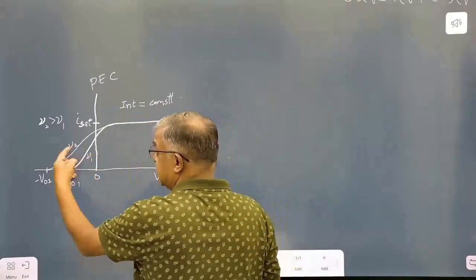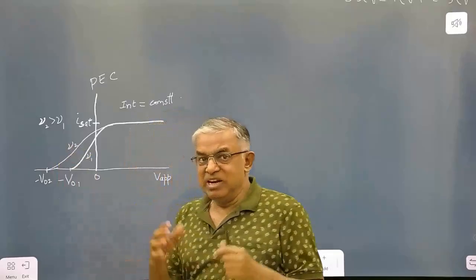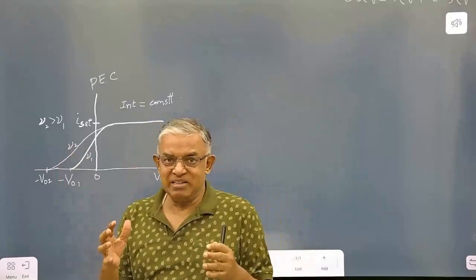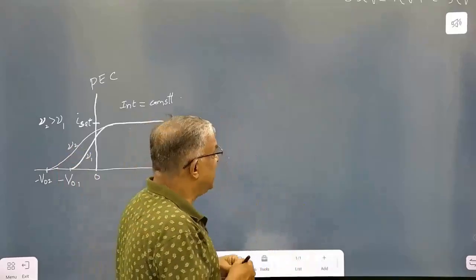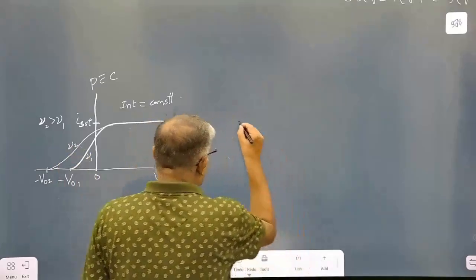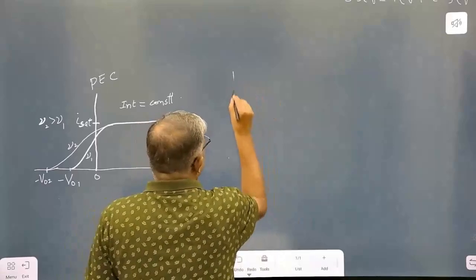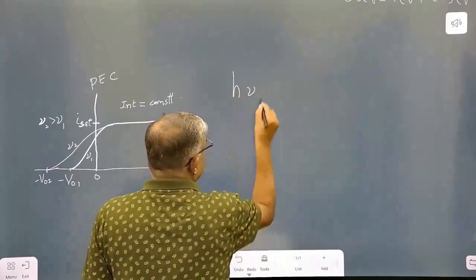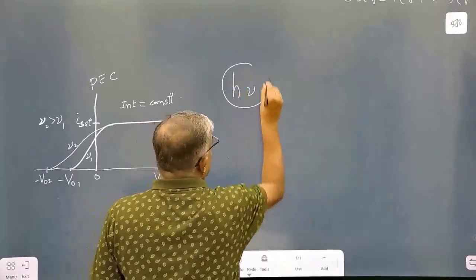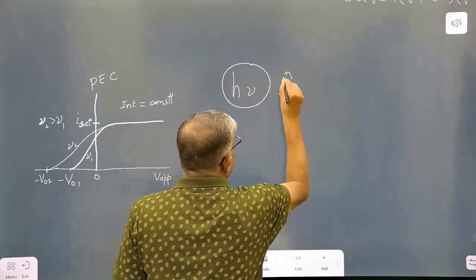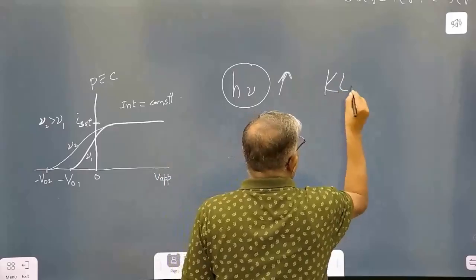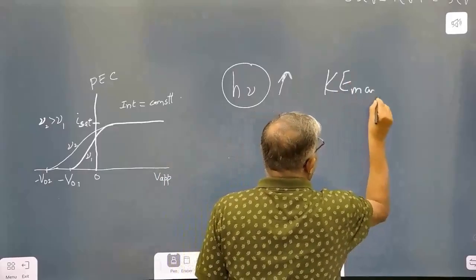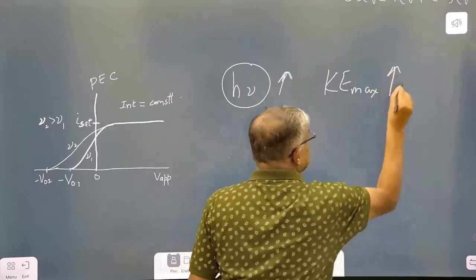increasing the frequency, according to Einstein, means increasing the energy packet. And energy packet is h nu. If you are increasing it, that means the kinetic energy of the maximum energetic electron will also increase.